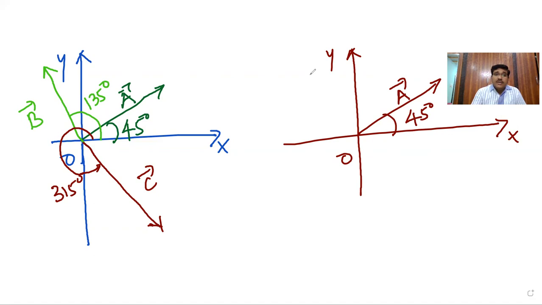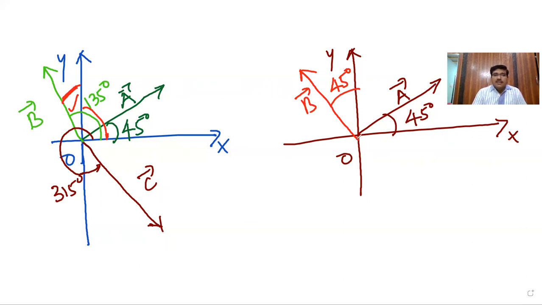B bar is making 135 degrees with respect to x-axis. Means with respect to y-axis, how much is it making? If I deduct this 90 degrees out of 135, this angle becomes 135 minus 90, means 45 degrees. With respect to y-axis, B bar is making 45 degrees.